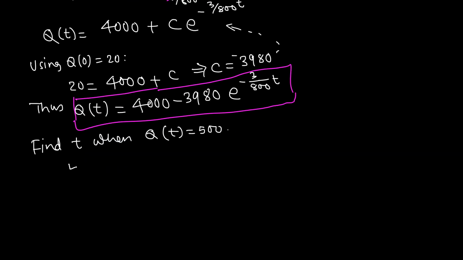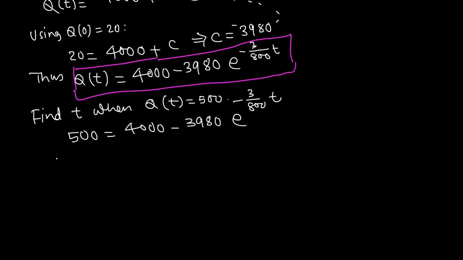That is now 500 equals 4000 minus 3980 e raised to negative 3/800 t. Now subtract 4000 from both sides, so negative 3500, and divide by negative 3980 to isolate e raised to negative 3/800 t. The negatives cancel, then take the natural log of both sides.